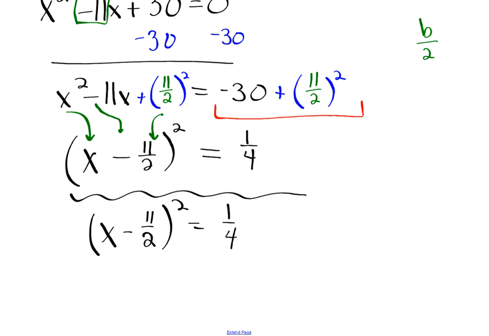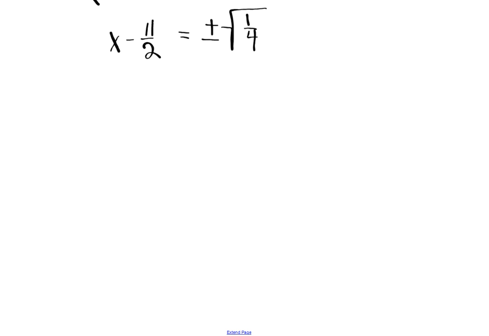Take the square root of the right-hand side. I get x minus 11 over 2 equals plus or minus the square root of 1/4. Guys, type it in your calculator. It's not that scary. You can do it. Now that means I have x minus 11 over 2 equals plus or minus 1/2.